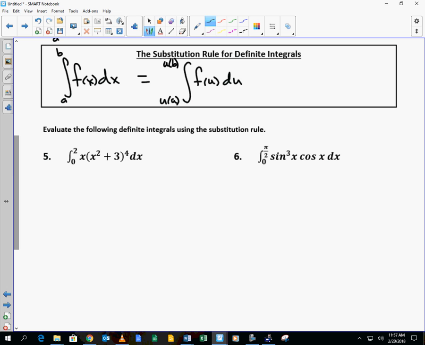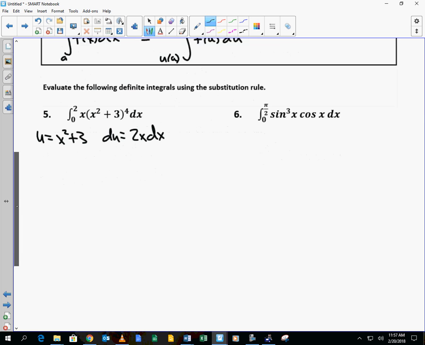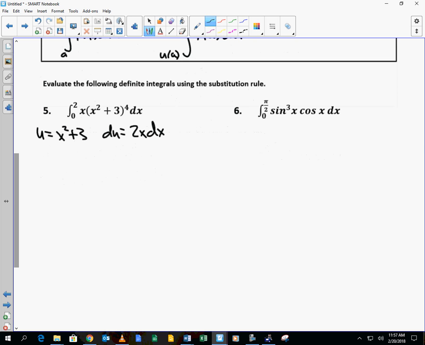Super easy. Number 5, u is what? What's du? 2x dx. You have to take the derivative. Okay, do I have a 2x dx? No, I have an x dx.